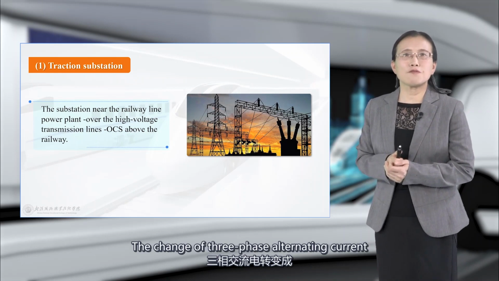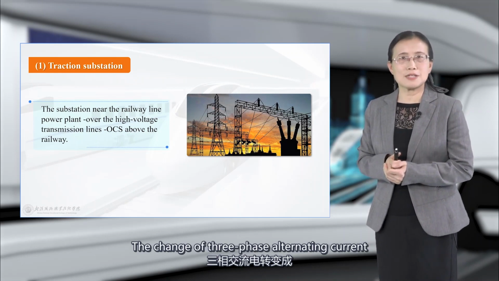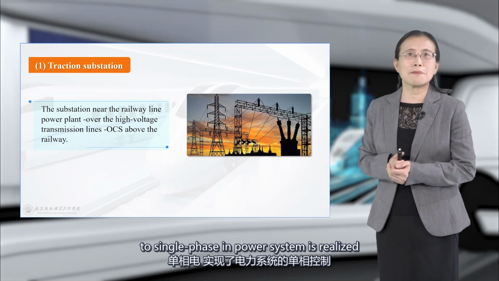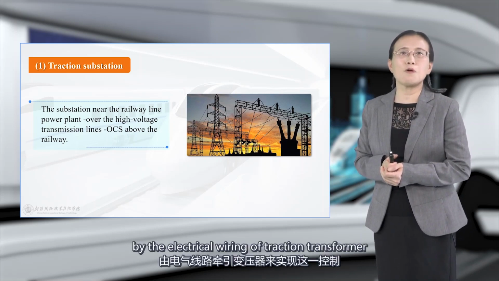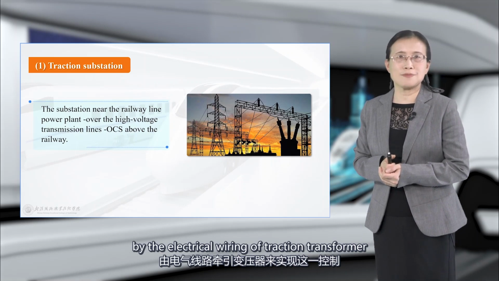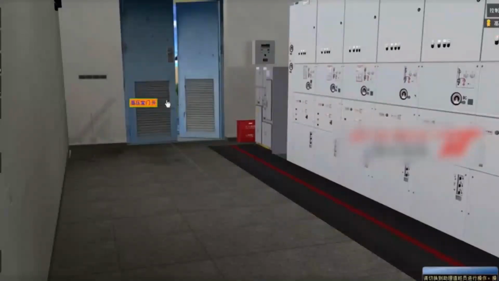The change of three-phase alternating current to single-phase in power system is realized by the electrical wiring of traction transformer.